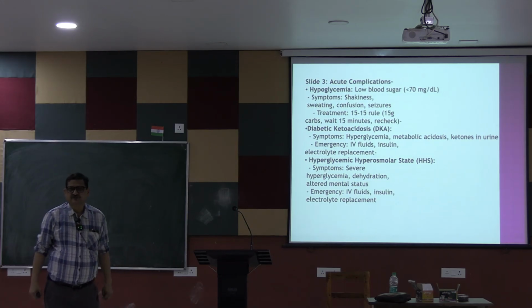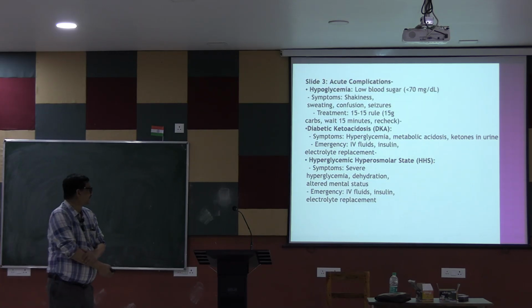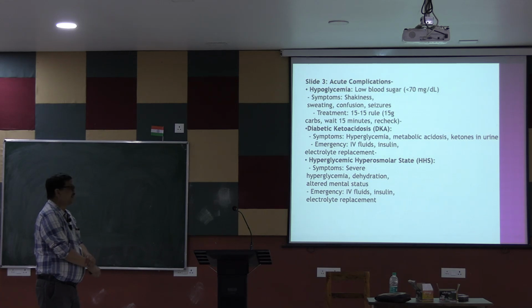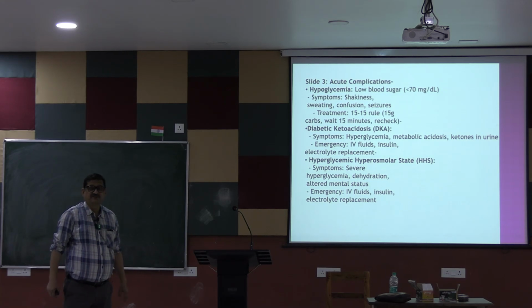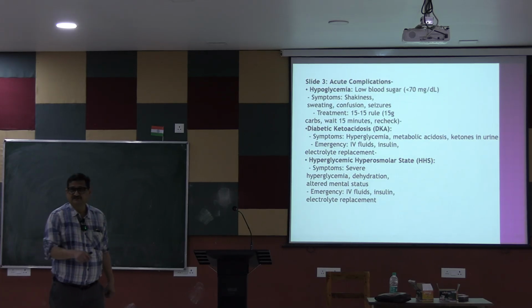That leads to dysfunction of the brain, loss of cognition, severe hyperglycemia, dehydration, altered mental status. So we have to immediately give IV fluids and insulin to bring it down.